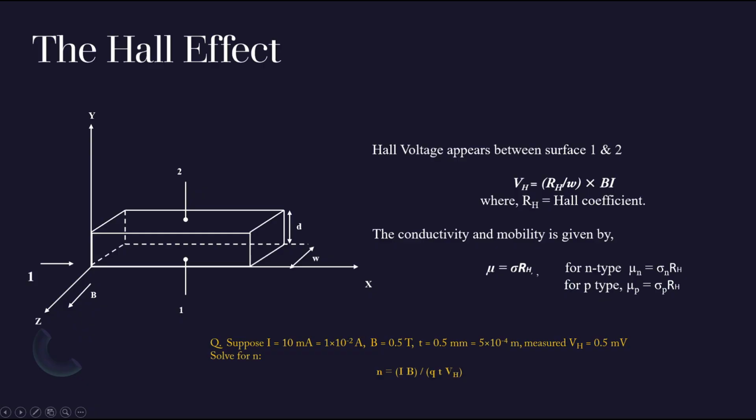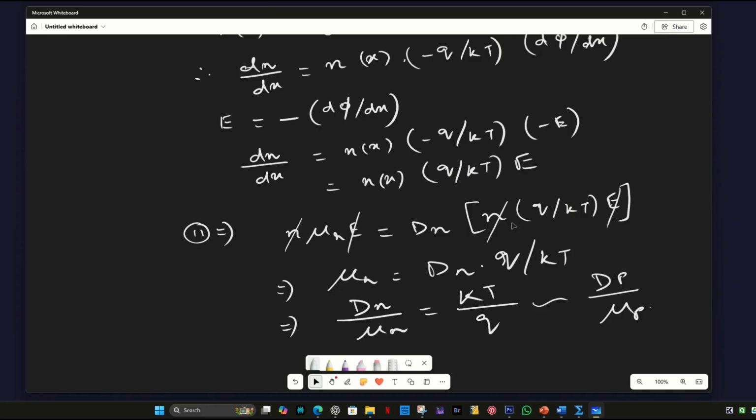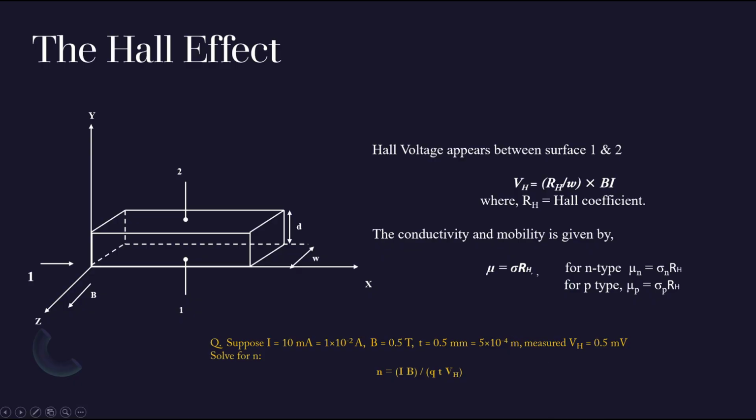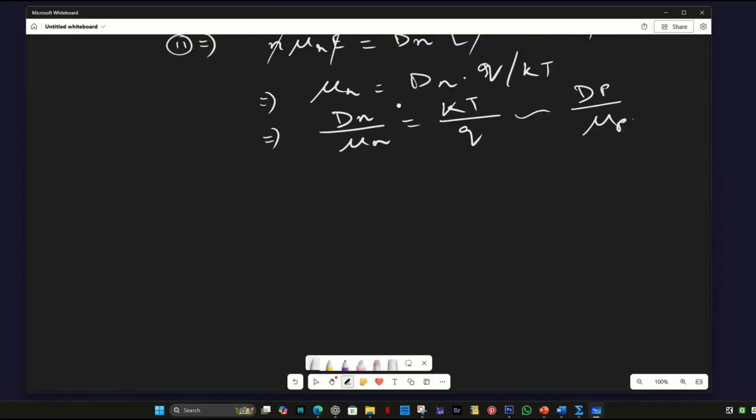So let us consider what we have here. B into I is given as 0.5.